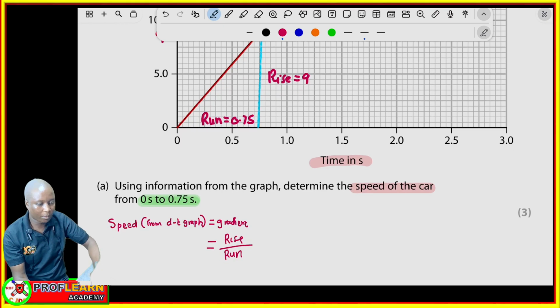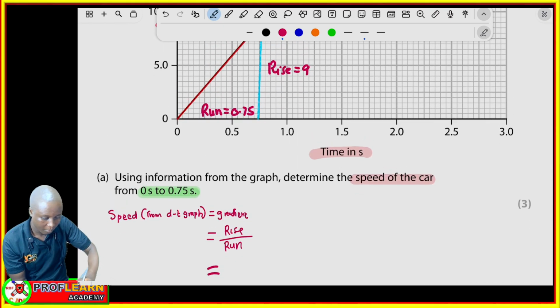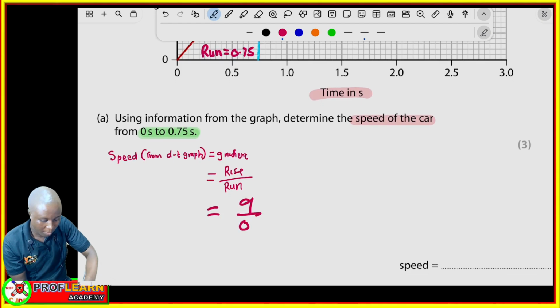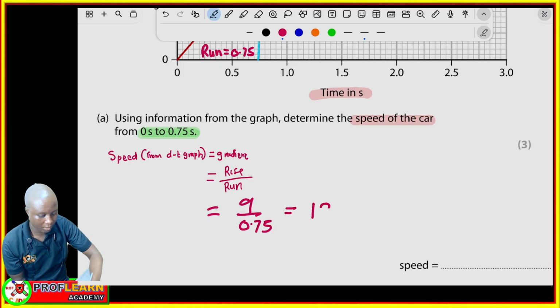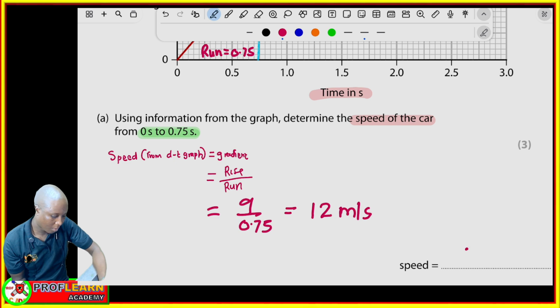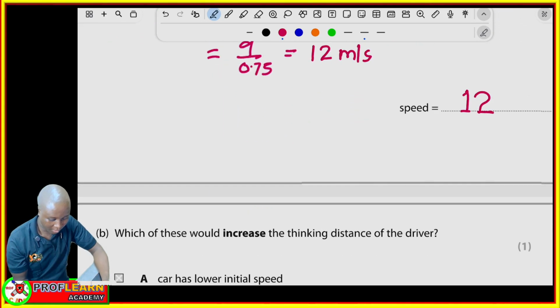So gradient is equal to 9 divided by 0.75. If we put that into the calculator, we get our answer as 12 meters per second. And that gives us the answer.